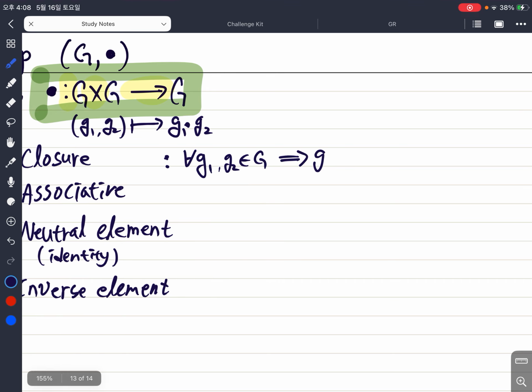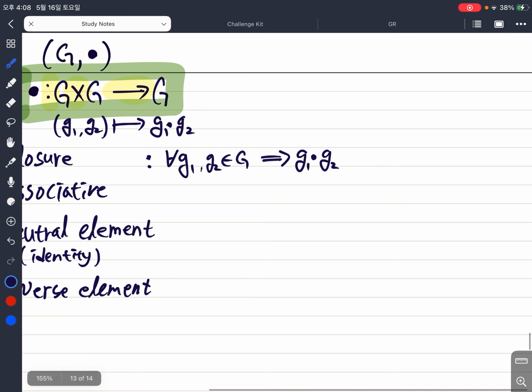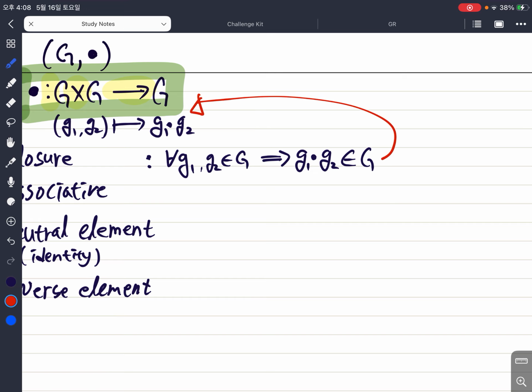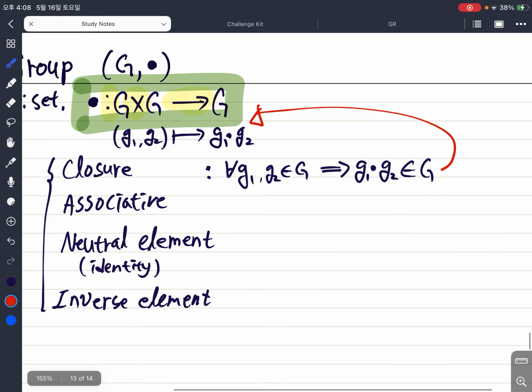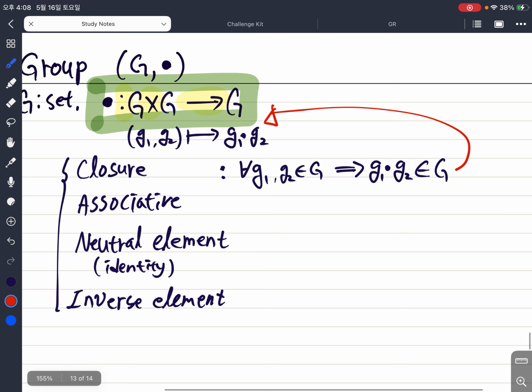Then G1 times G2, G1 operated with G2, is also an element of G. So it is in fact already included in the definition. But because someone wants to emphasize this, people say it is the closure axiom.